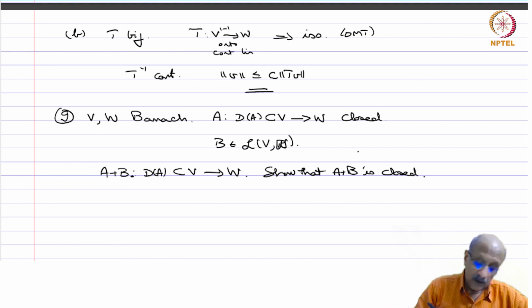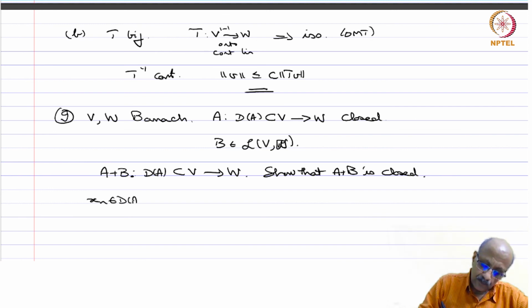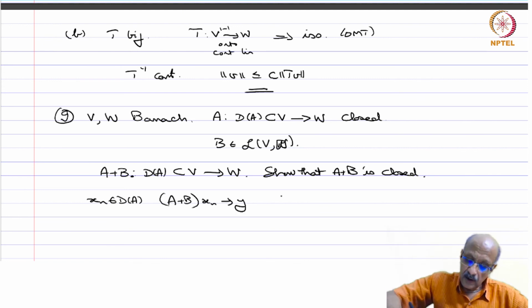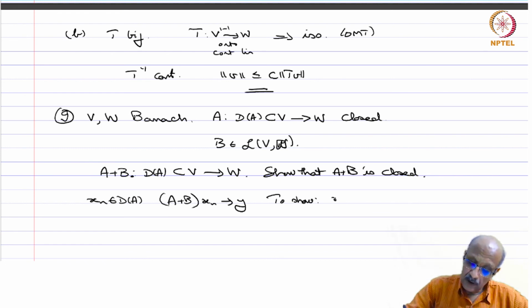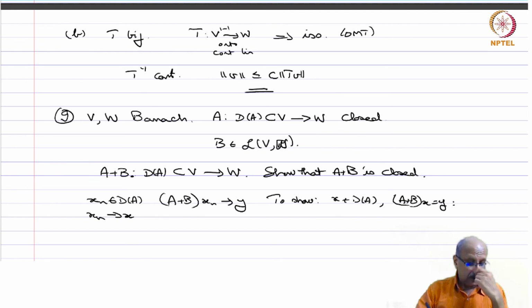What do we mean? Closed means: let xn belong to D(A) and (A plus B)xn converge to some y, with xn going to x. To show: x belongs to D(A) and (A plus B)x equals y. These are the two conditions we have to show.